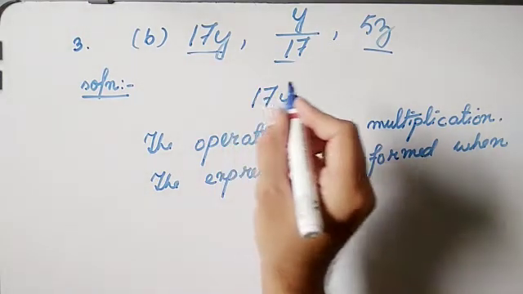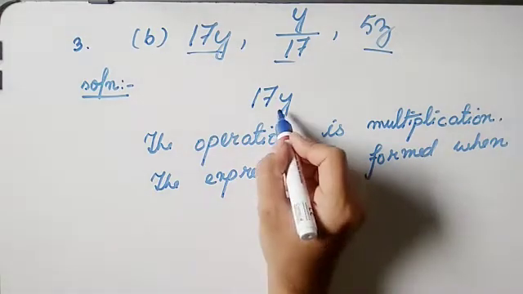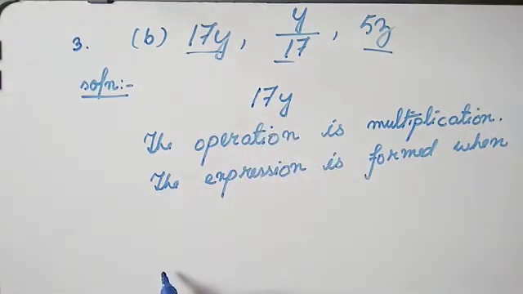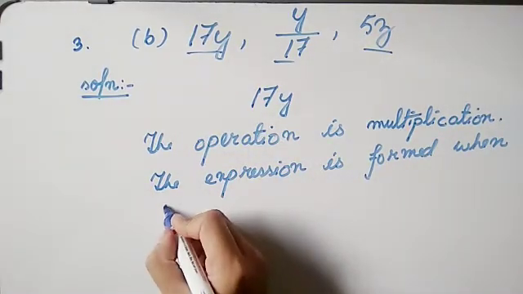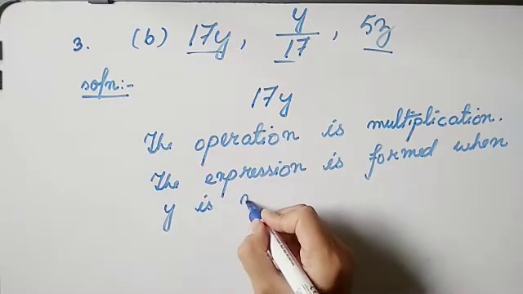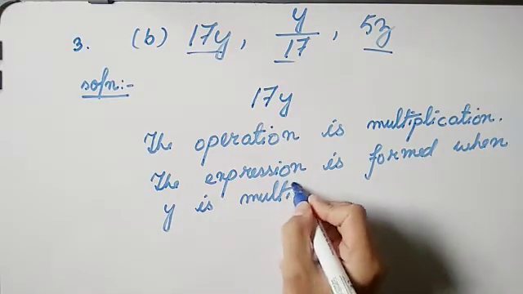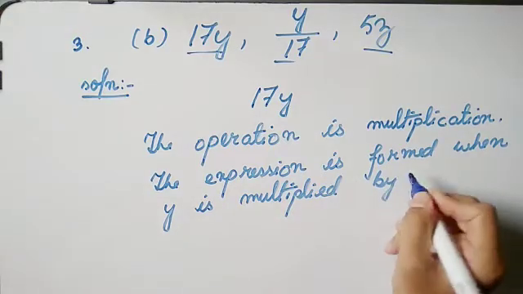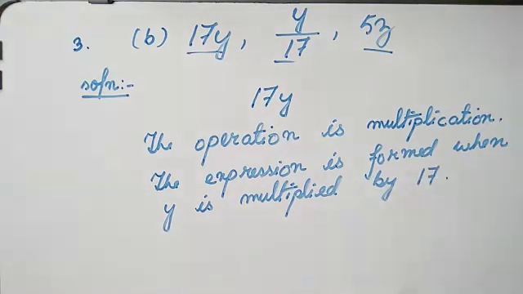The expression 17y is formed when the variable y is multiplied by the number 17. Understood? Next, let's try our next expression.